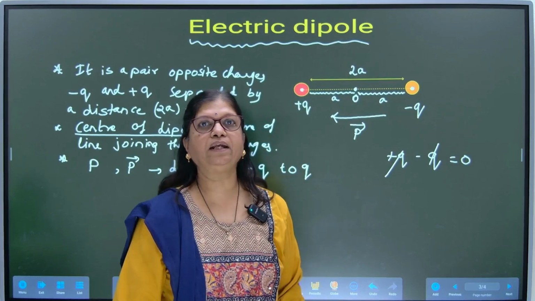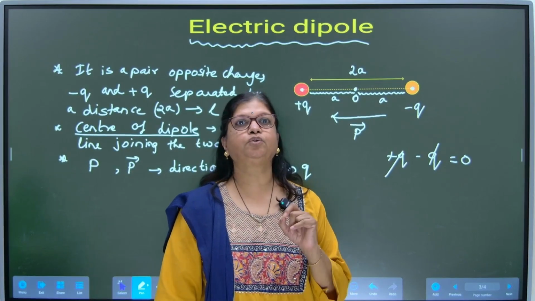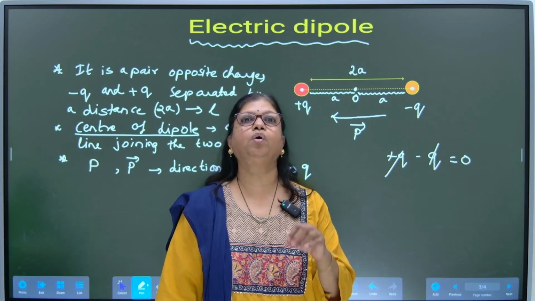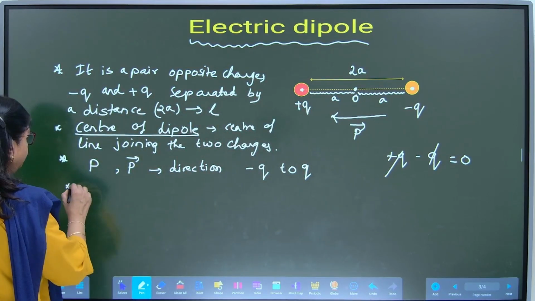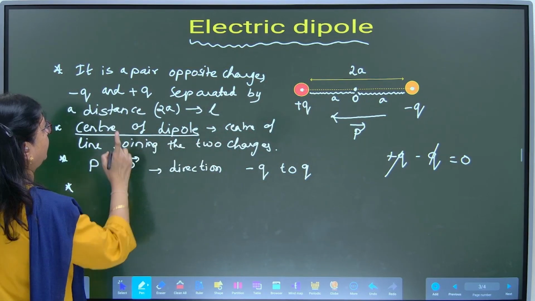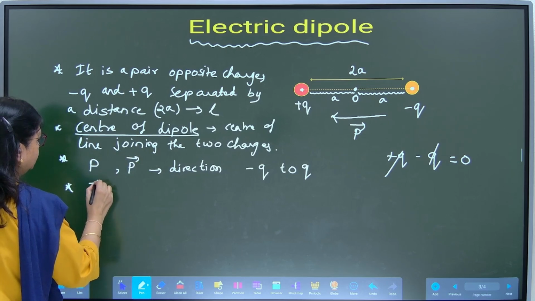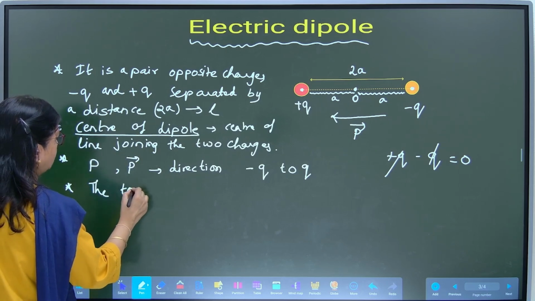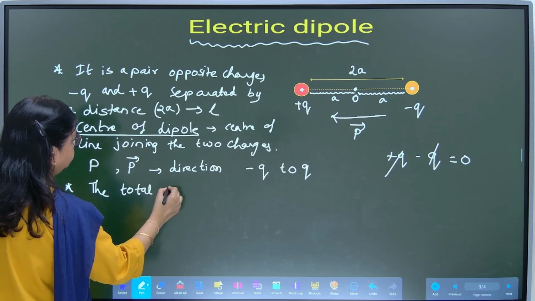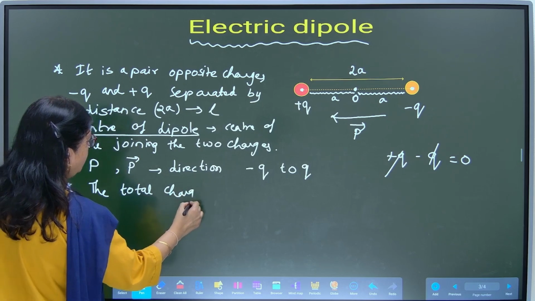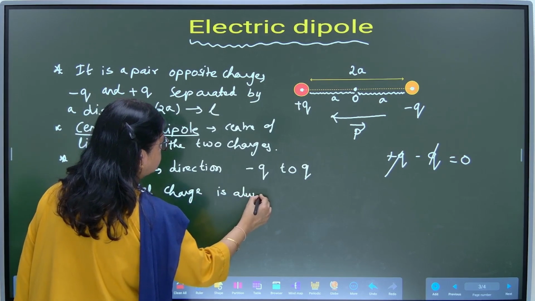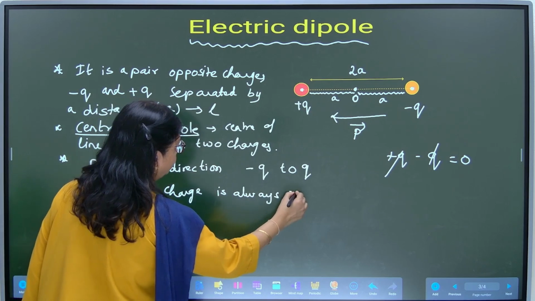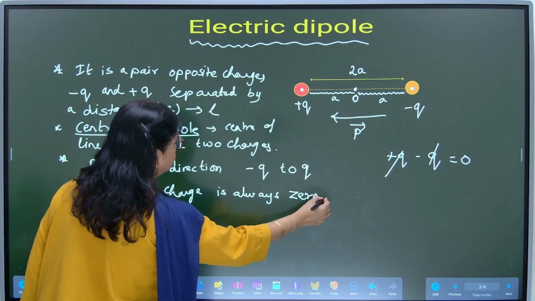So for an electric dipole, the total charge of the system is always 0.